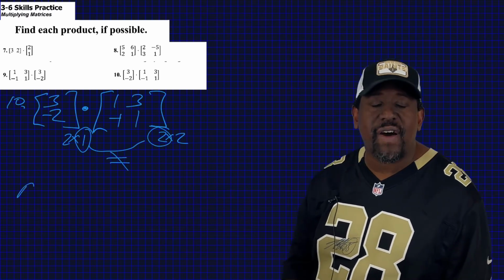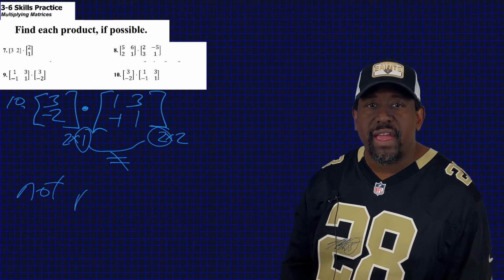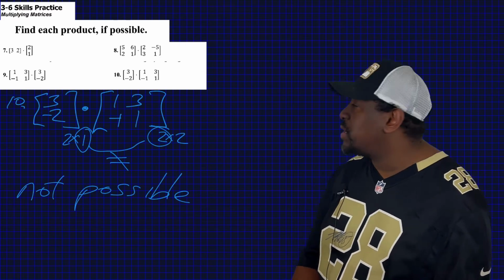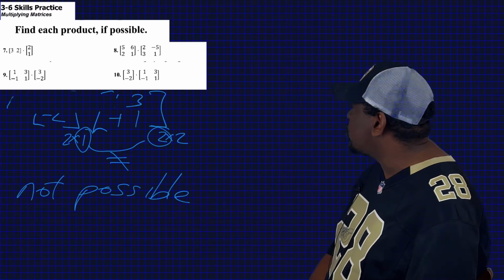That's 2 by 1, 2 rows, 1 column. 2 by 2 is the second one. The middle terms are not equal, so we cannot find a product for number 10. And so we would say it's no solution or not possible. And so number 10 is done because you can't multiply since the middle terms again are not equal, which means we can't find a product.